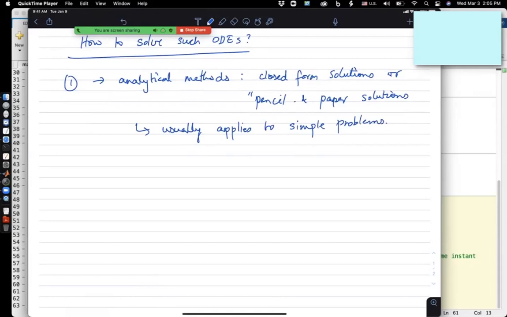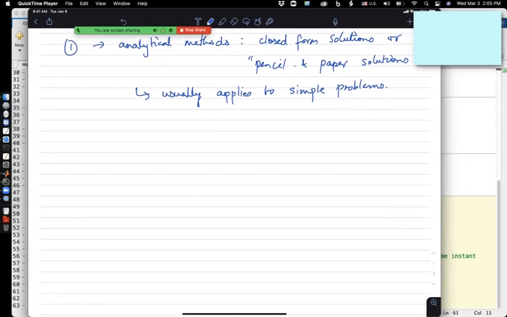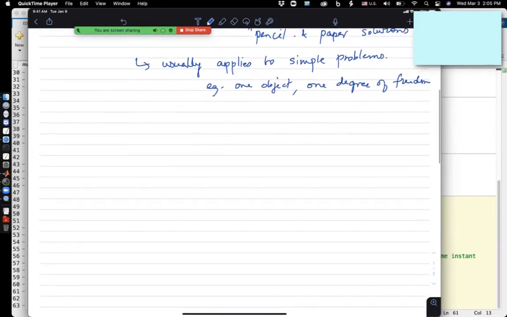If there are multiple objects coupled together in some complicated way, these analytical methods are basically not useful. And of course, in real engineering problems, we often have lots of objects interacting in complex ways. When I say one object, I mean one degree of freedom. Anyway, there are also some more complex problems that it can address, but we'll skip over that for now.